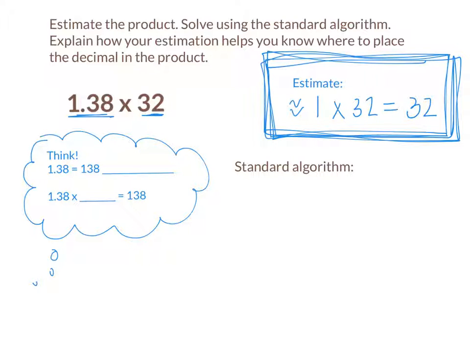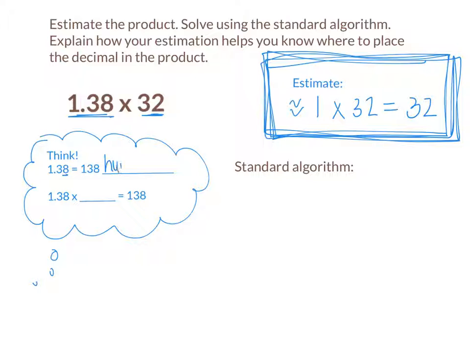Now we're ready to think in our head. 1.38 is the same. If I want to get rid of that decimal point and just write the numbers, wouldn't I have 138? Yeah. But just so we know, is it 138 ones? No. Looking at the rightmost place over here, what place value is that 8 in? 1.38 then is the same as 138 hundredths. Good.